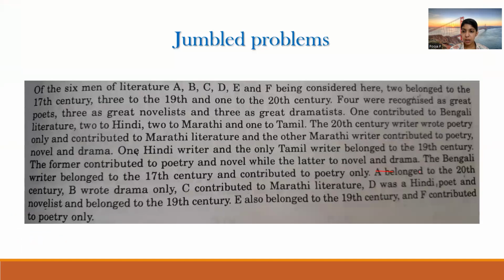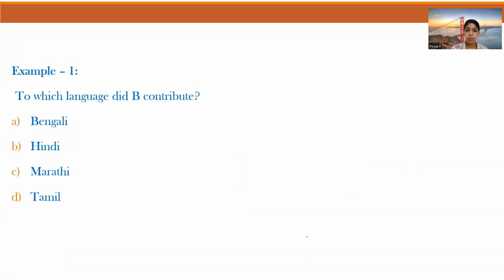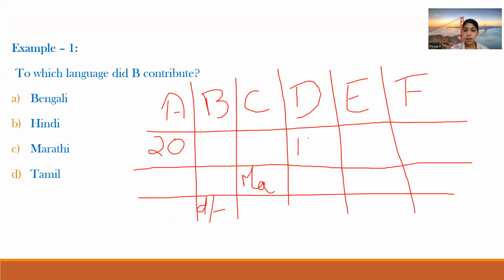So we did here, A belonged to the 20th century, B wrote only drama, C contributed to Marathi literature. D was a Hindi poet and novelist, belonged to the 19th century. So D belonged to the 19th century. He was a poet and novelist, P, N, and he contributed to Hindi literature.